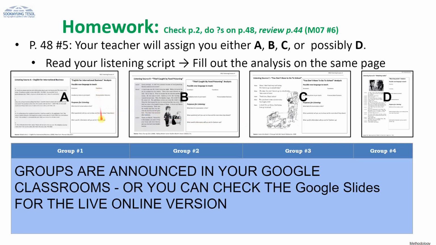Okay, so make sure you check that out for your groups if you don't know already, and these can be found in your student book. Fill out the analysis because you're going to talk about it the next day in class, and you're going to share with your groups.